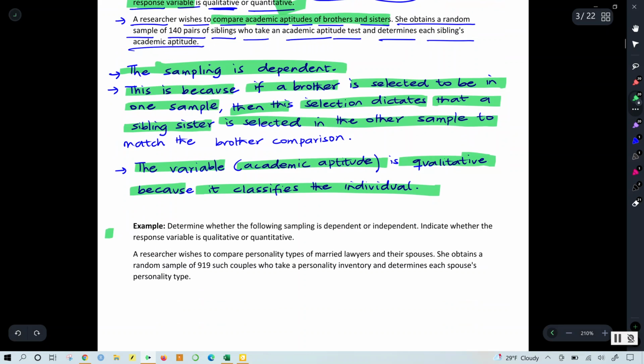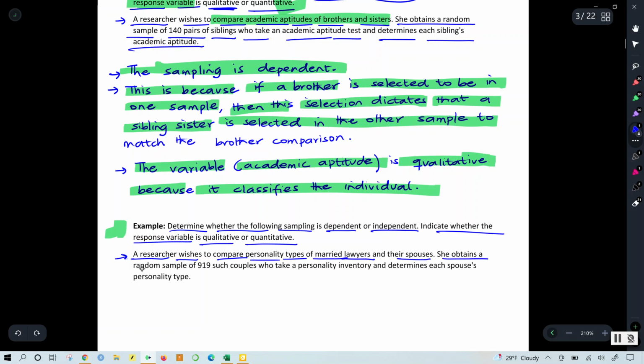We move on to the next example. In this example, we are to determine again whether the following sampling is dependent or independent. Indicate whether the response variable is qualitative or quantitative. A researcher wishes to compare personality types of various married lawyers and their spouses.